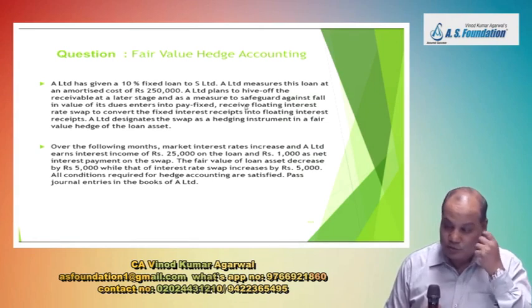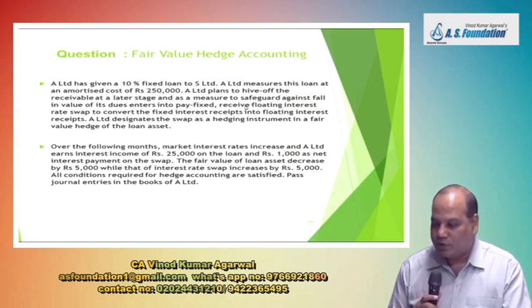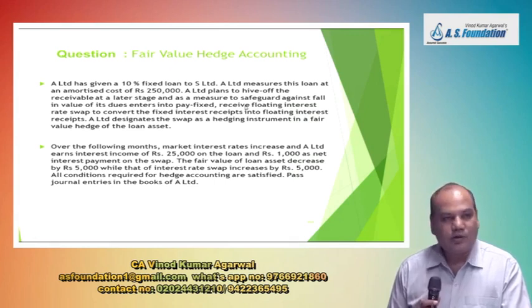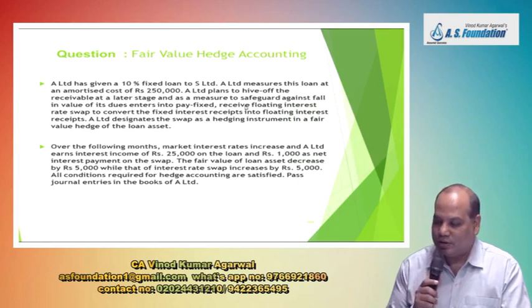A Limited plans to hive off the receivable at a later stage, and as a measure to safeguard against fall in value of its dues, enters into a pay fixed, receive floating interest rate swap to convert the fixed interest receipt into a floating interest receipt. A Limited designates the swap as a hedging instrument in a fair value hedge of the loan asset.